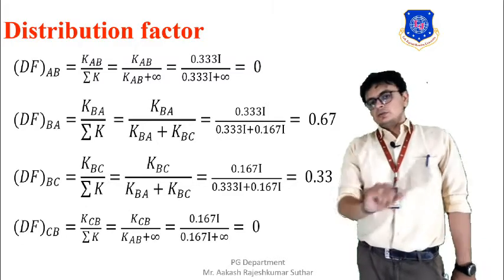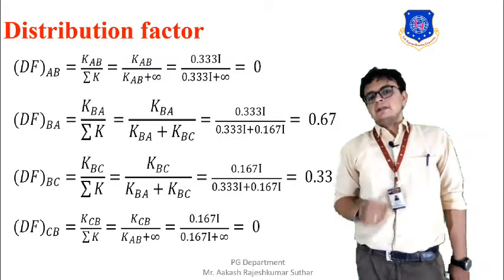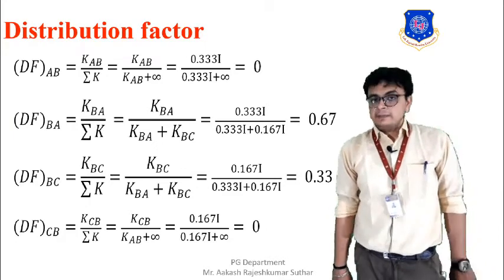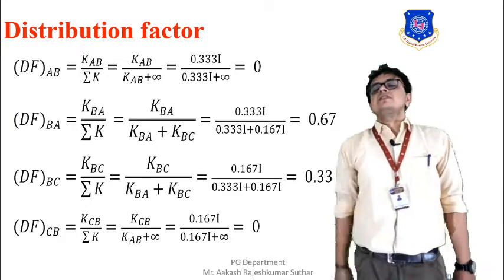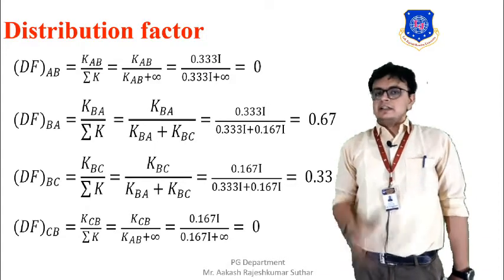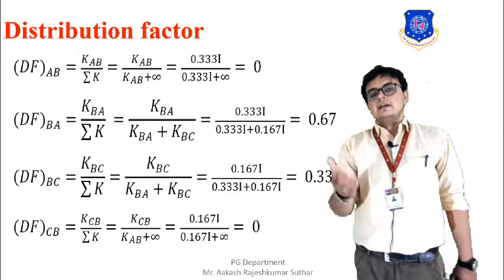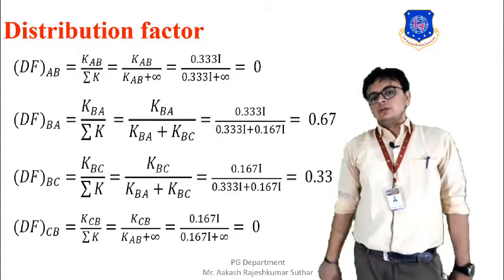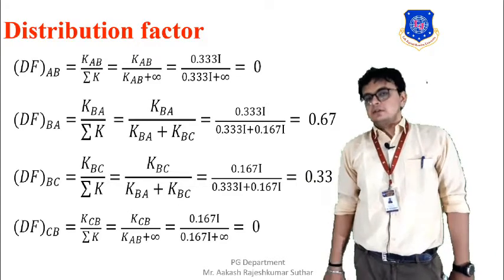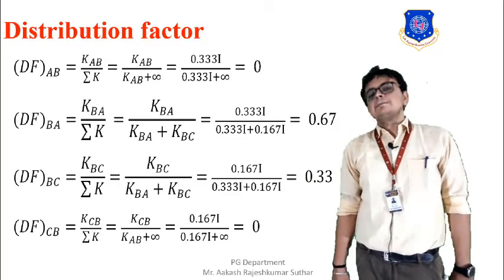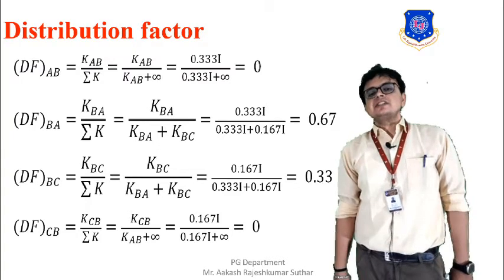So for KBA we have 0.333I divided by the summation of all the stiffness factors which joint B has, that is BA and BC. We have to add both of them in the denominator, that is 0.333I plus 0.167I.